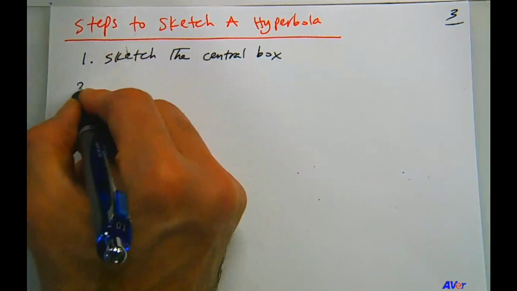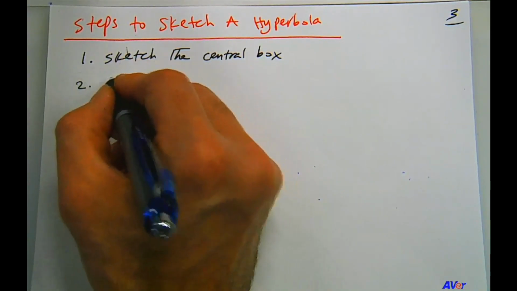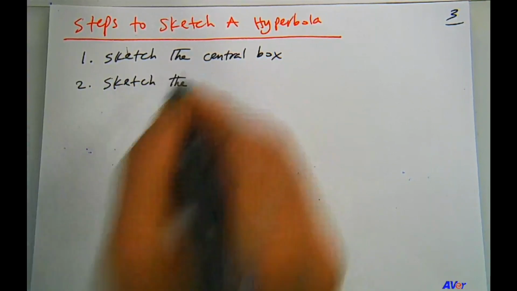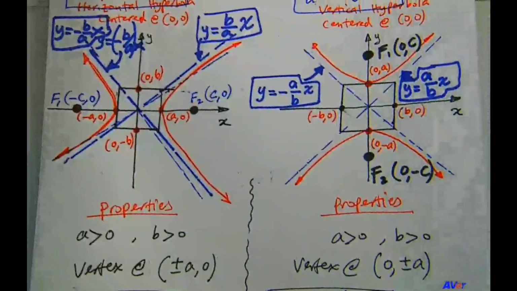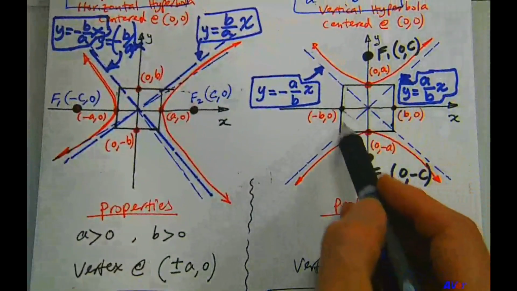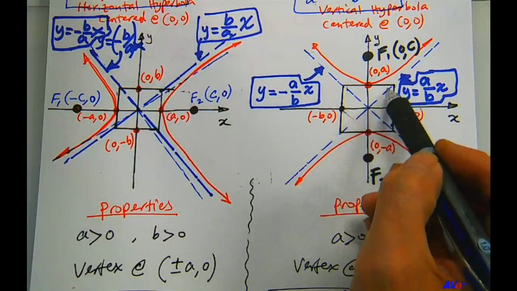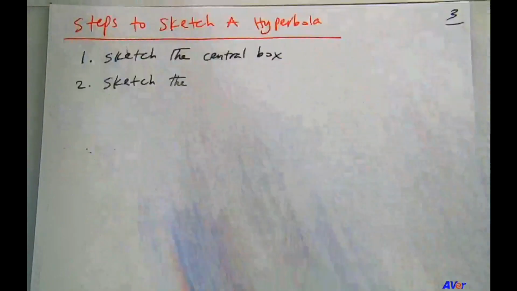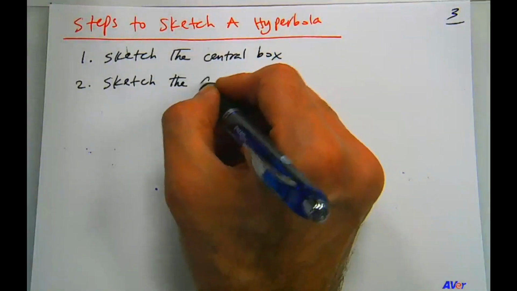So we start with that, sketch the central box, then sketch the asymptotes, and the asymptotes go through the corners of that central box, right? So if this is the central box, the asymptotes are going through the corners of that central box. Okay, sketch the asymptotes.